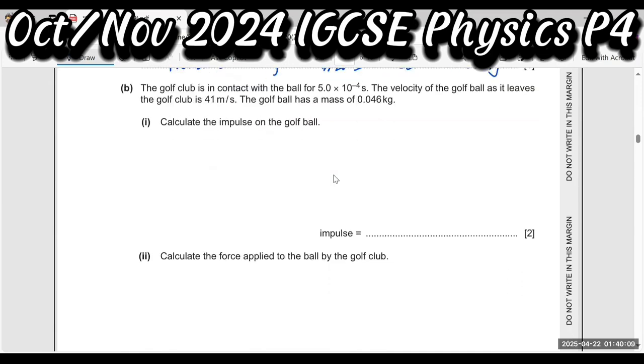The next is the golf club in contact with the ball for this time, and the velocity of the ball as it leaves. We will get the impulse. What is impulse? Impulse is when a force acts on an object for a very short time, and that impulse is equal to change in momentum.